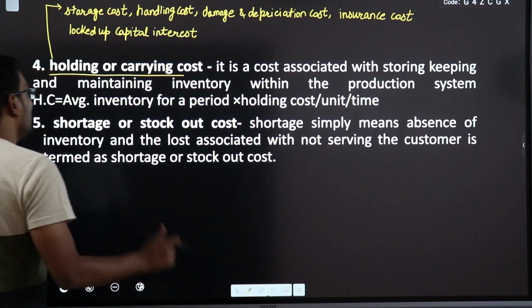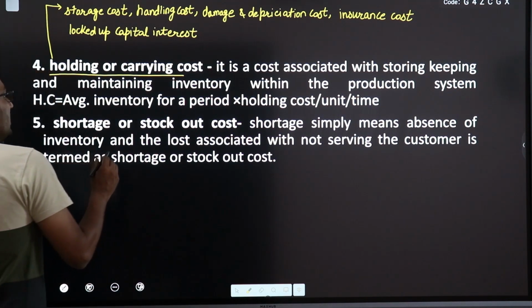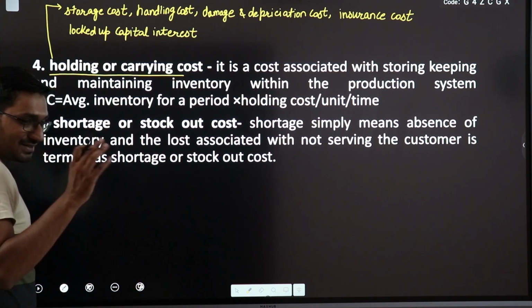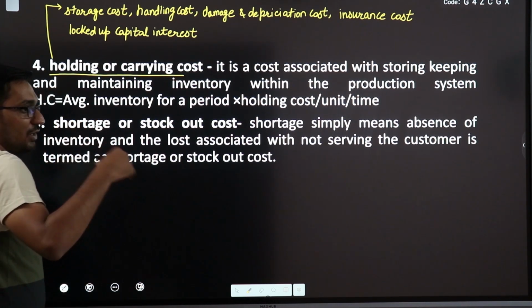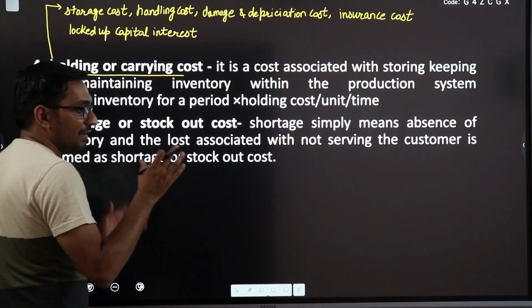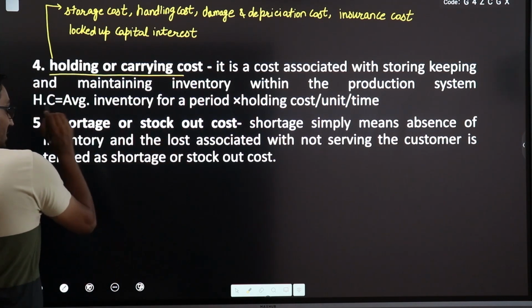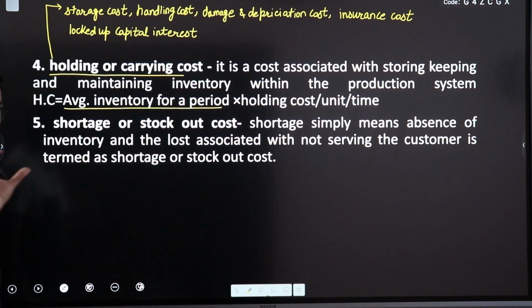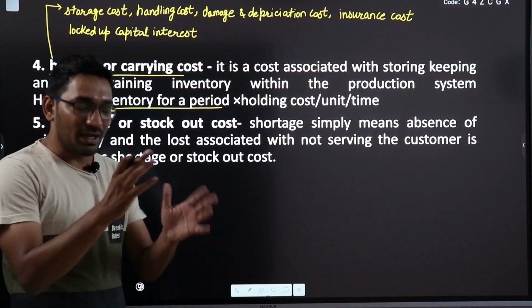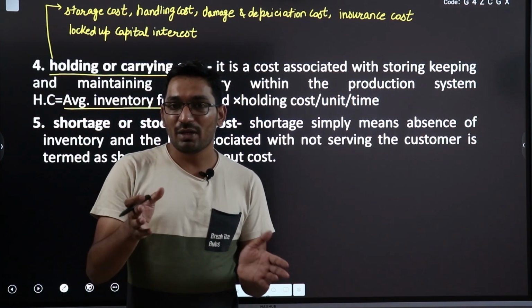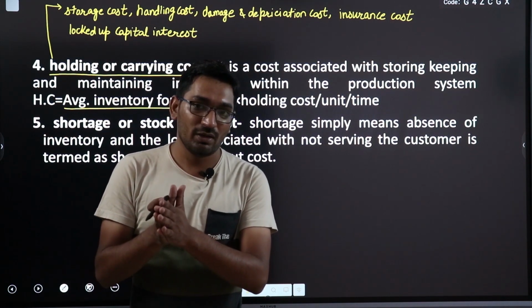Now holding cost will be equal to your average inventory for a period. If we need to find the holding cost for a month, what will be the average inventory you are maintaining? The important thing is that it is written as average inventory, not total inventory, because during 1 month, suppose at the start of the month you are maintaining 100 units, right?